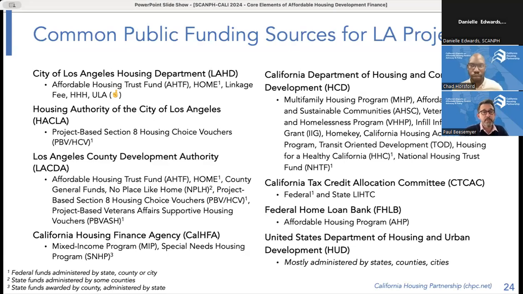But the point is, there are a lot of different levels of government with different types of programs. Some of them are administering their own self-help funds. So, for example, the Proposition Triple H funds here in the city of Los Angeles. Others are administering pass-through funds from the federal government or even from the state in the form of the PLHA, Permanent Local Housing Allocation. So let's go to the next slide.